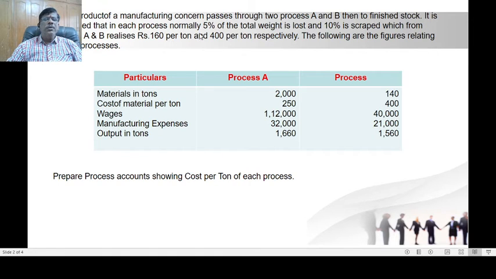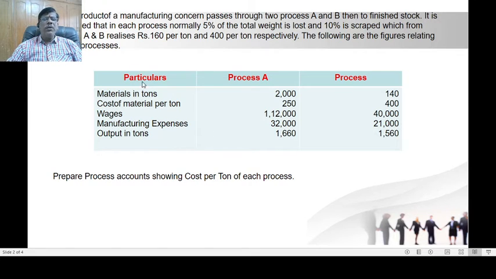In this problem, there is normal loss and abnormal loss. One is normal loss without scrap, that is a weight loss. Another is normal loss with scrap, where the rate of 160 and 400 per ton is given for A and B respectively. Then in this problem, if actual output is given, you can calculate abnormal loss or gain.